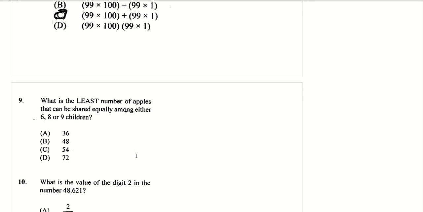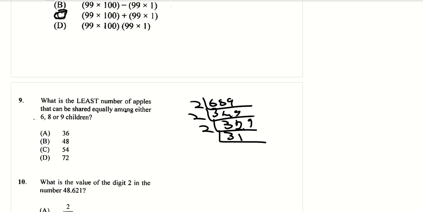Alright, number 9. What is the least number of apples that can be shared between 6, 8, and 9? This is different, so we need to find the LCM of 6, 8, and 9. We use 2, that's 3, 4, and 9. Then we use 2 again, that's 3, 2 and 9, and 2 again, that's 3, 1 and 9. Then you use 3, you get 1, 1, 3. Then you use 3, you get 1, 1, 1.